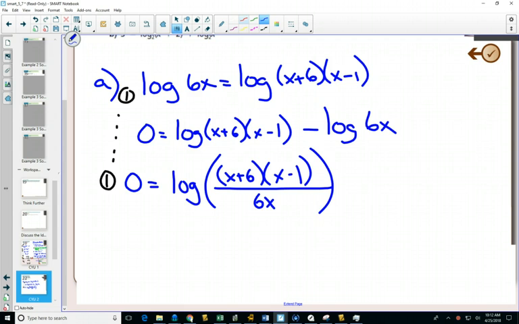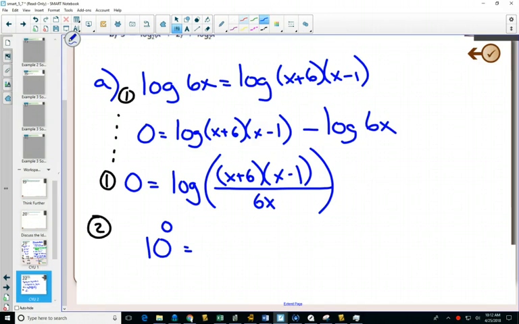Exponential form. So what's the first thing I'm going to write here? Ten. Good. And then exponent? 0. Can you see why you're going to forget this step? Because this is the beginning of step 2.